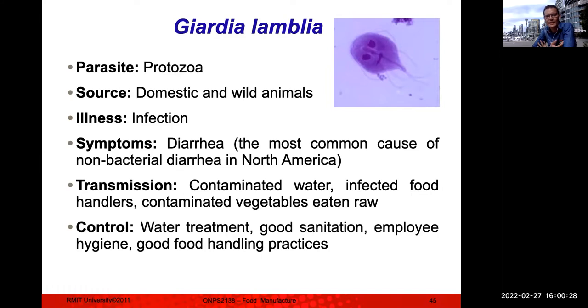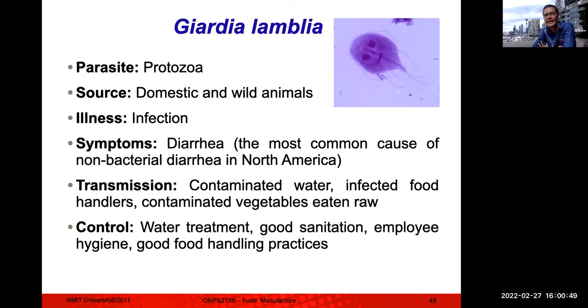And it causes diarrhea, and it's the most common cause of non-bacterial diarrhea in North America. So again, we're talking about contaminated water. Food handlers who have this organism, who are infected, might be asymptomatic or in the early stages of infection, and these contaminated vegetables are eaten raw.